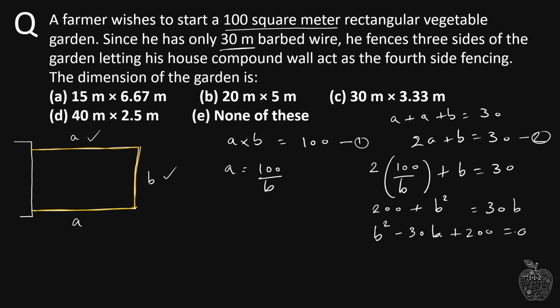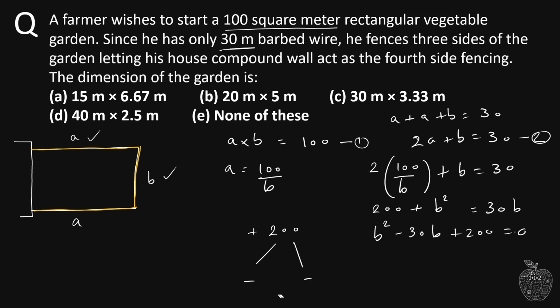Now we have got a quadratic equation, and I hope everyone knows how to solve a quadratic equation. Now we have 200 into 1, 200, and it is a positive 200. What we'll have to do is divide this 200 into two values in such a way that the multiplication of these two values will give me plus 200, and the addition of these two values will give me minus 30.